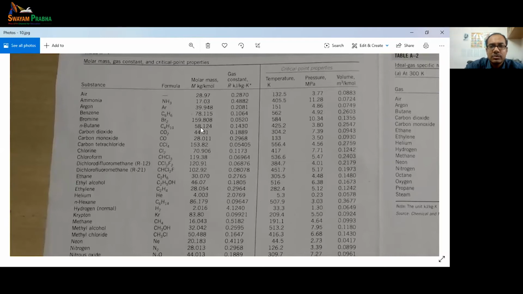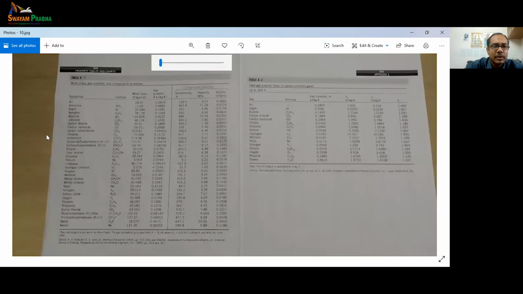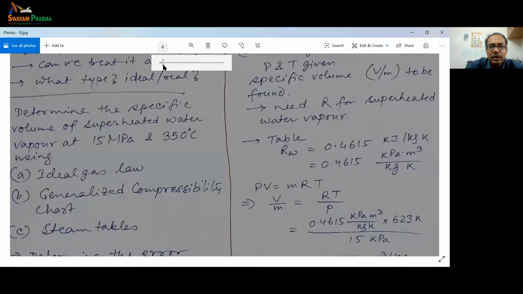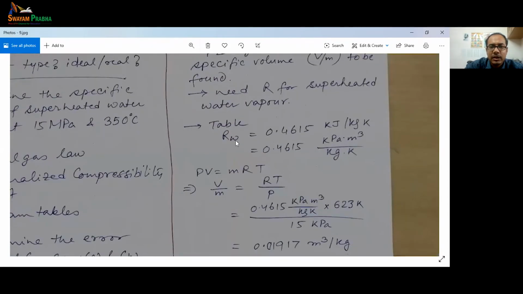Okay, 0.4615. So let's go back to the problem, and we see that's the value we have picked up from the table. So R for water is 0.4615 kilojoule per kg Kelvin, which is equivalent to kilopascal meter cube by kg Kelvin.